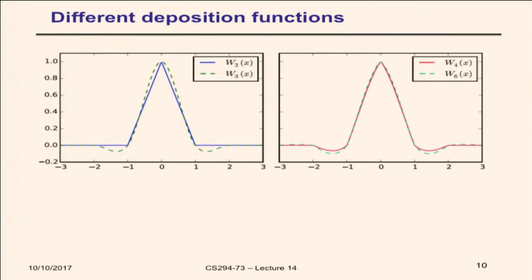So here's an example of what some of the deposition functions look like. Each of these corresponds to p equal 2, 3, 4, 6. The p equal 2 is just piecewise linear, and these are all scaled to be for h equal 1. This is the only one of them, by the way, that's positivity preserving.